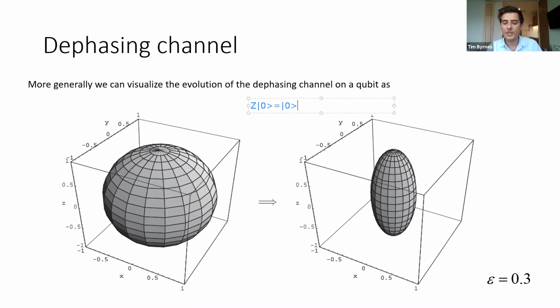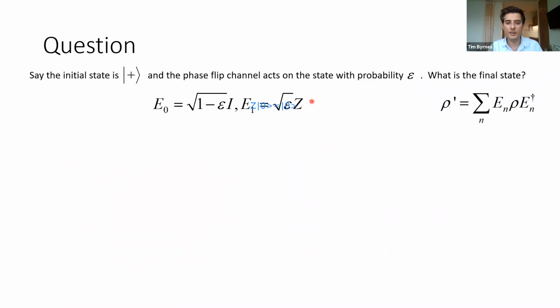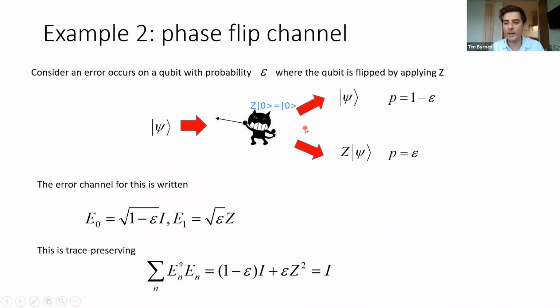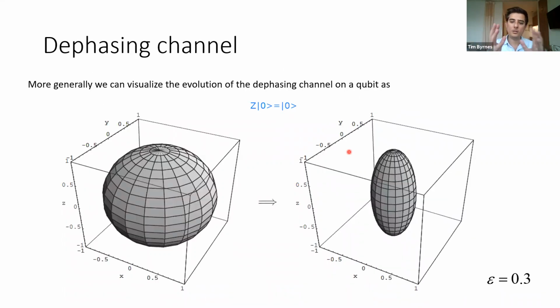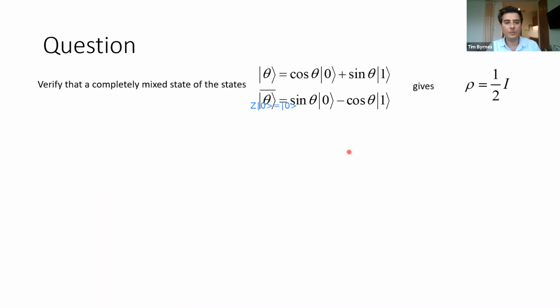The eigenstates of the Pauli operators are always unaffected. Suppose this devil is always applying some Z, then if it's an eigenstate, it's unaffected. And here we're applying X, so any state that's an eigenstate will just be unaffected. That's why it always gets squished in one direction, because there's one axis which is an eigenstate.